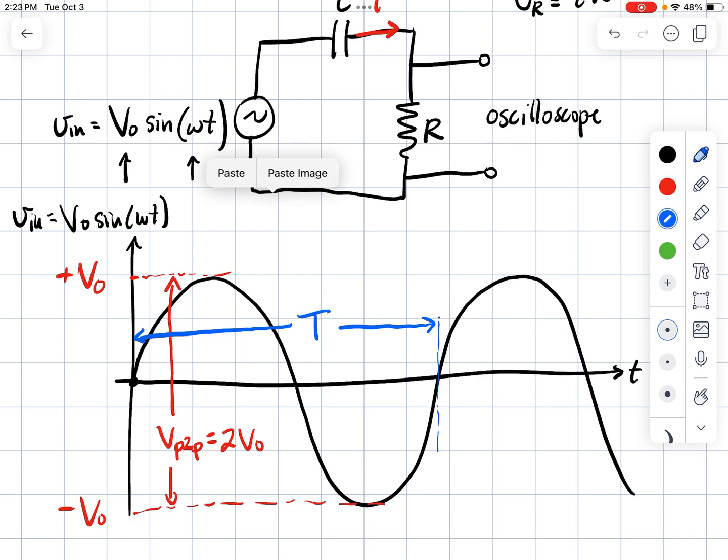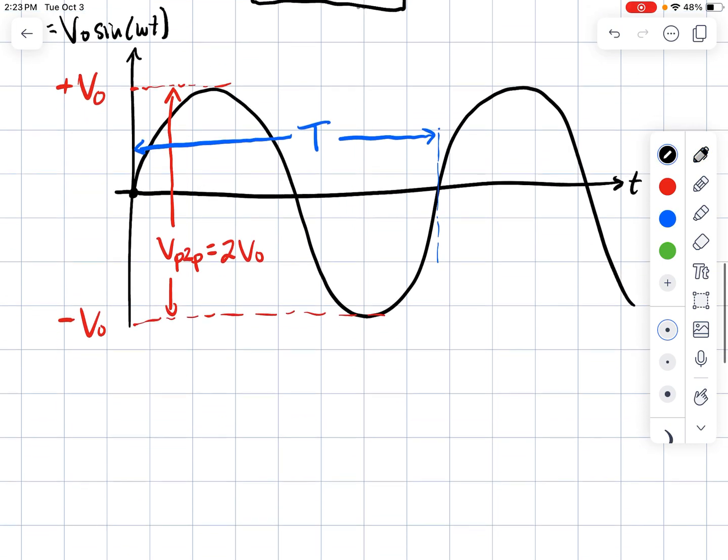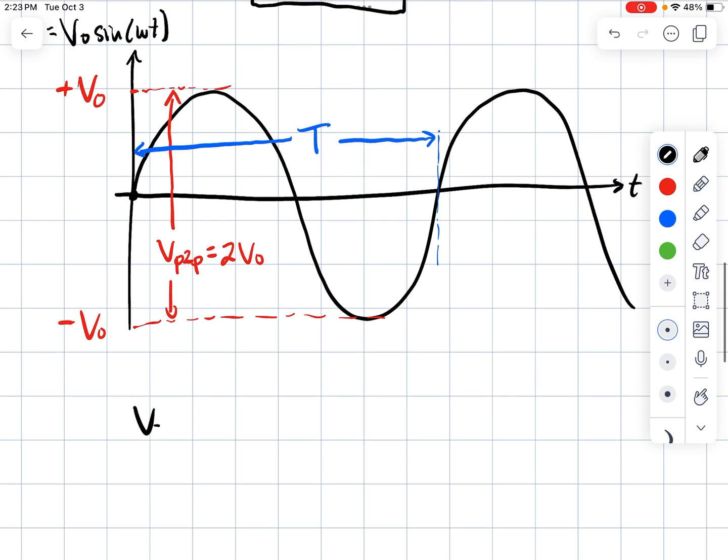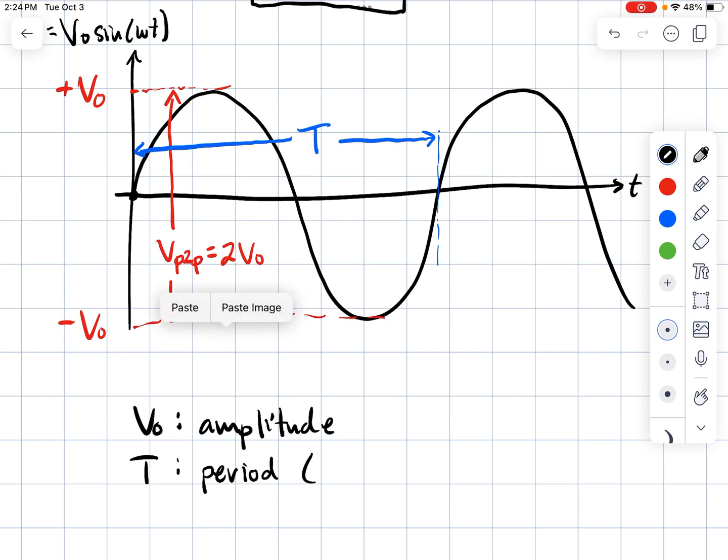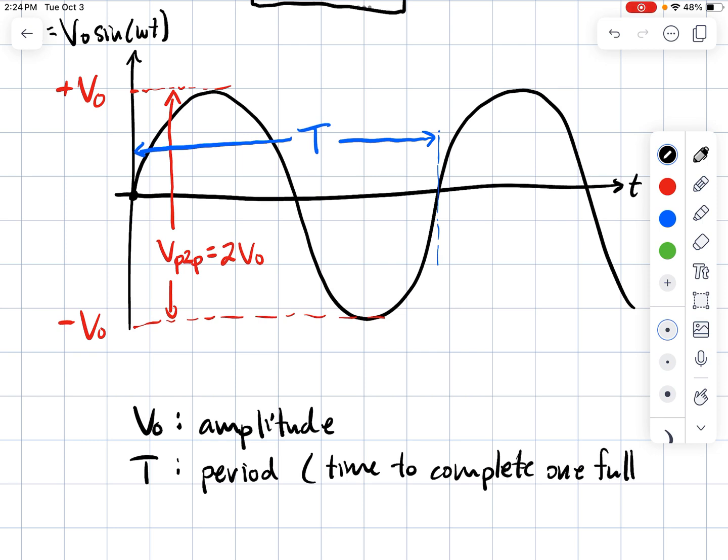Okay, and so that's one full cycle. So then we can say that V0 is the amplitude and T is the period, which is the time to complete one full cycle.